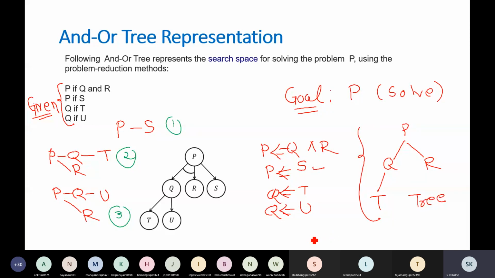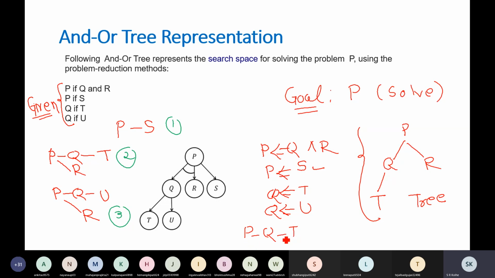In earlier algorithms, the solution was a path because there were only OR type of arcs. A path something like P, Q, T. So you will have to just store this path.